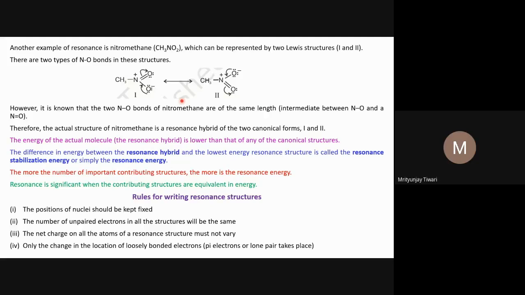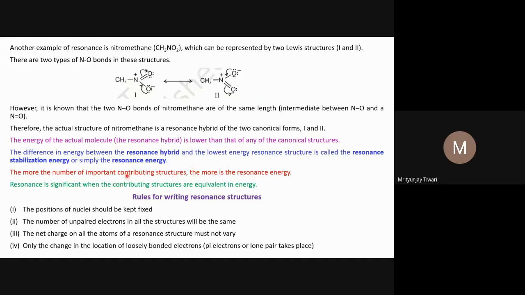It means if the molecule had to exist in one resonance structural form, it would exist in the lowest energy form. Even that form is not the real structure; the real one is the hybrid of all the resonance structures, so the hybrid must be even lower in energy than the most stable resonance structure.